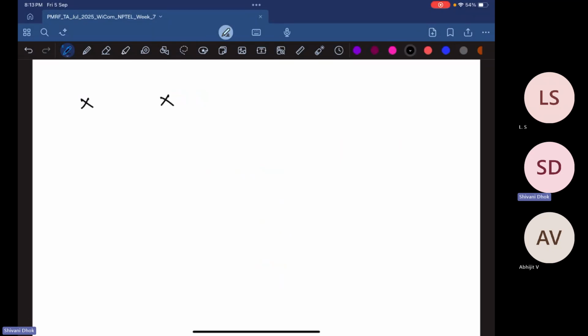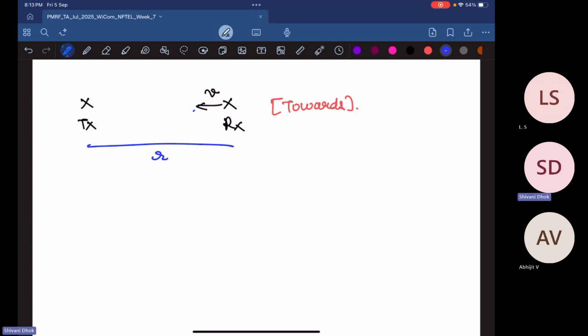You have a transmitter, you have a receiver. Now it is moving with a velocity v, but it is moving towards the transmitter. The initial distance was r, and in time t it will be here, so the distance will be r minus vt.